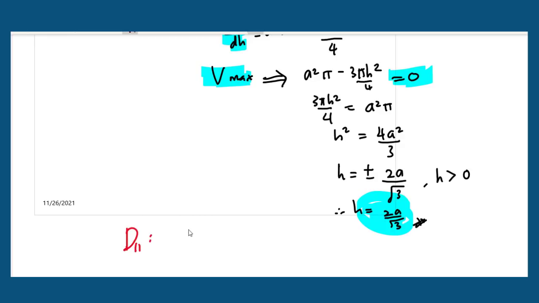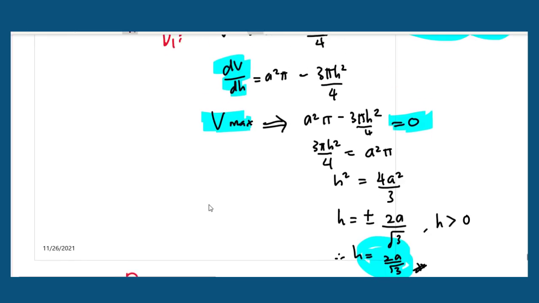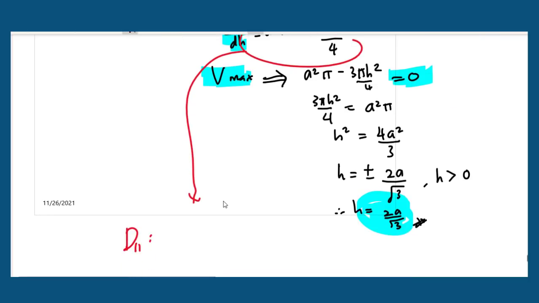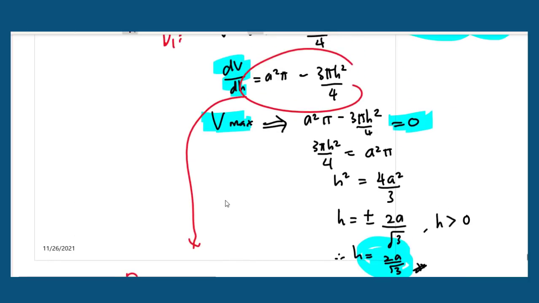The next step is dv dh. Differentiate once again. Right here, dv dh is a squared pi minus 3 pi h squared over 4.